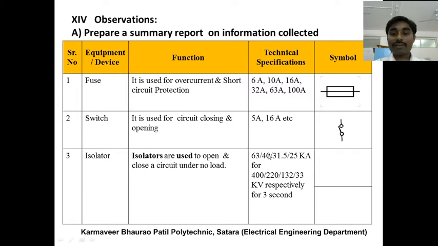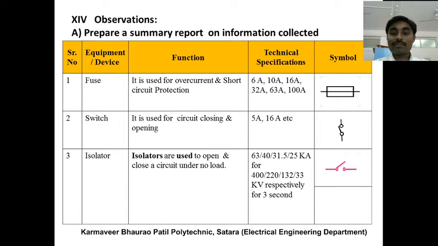The technical specifications of an isolator are that it is available in 63 kiloampere, 40 kiloampere, 31.5 kiloampere or 25 kiloampere for respective voltages like 400 kilovolt and 63 kiloampere, 220 kilovolt, 40 kiloampere, like that. And for 3 seconds it can carry this current.